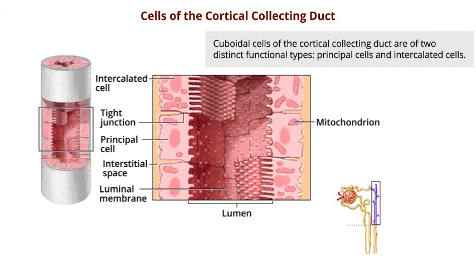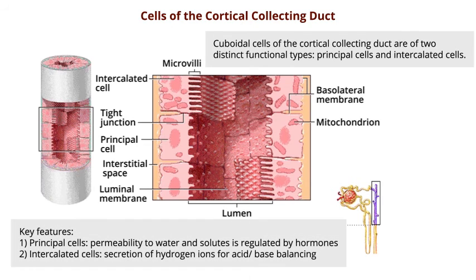The more numerous principal cells have fewer microvilli and basolateral folds. These specialized cells respond to certain hormones that regulate the cell's permeability to water and solutes, specifically sodium and potassium ions. When the acidity of the body increases, the intercalated cells secrete hydrogen ions into the urine to restore the acid-base balance of the body.